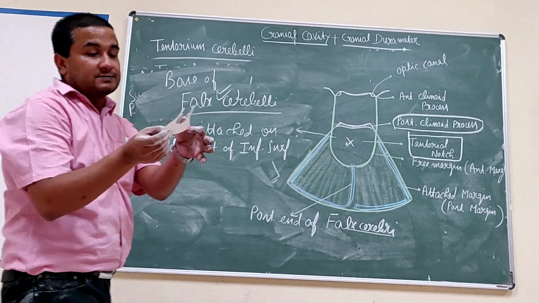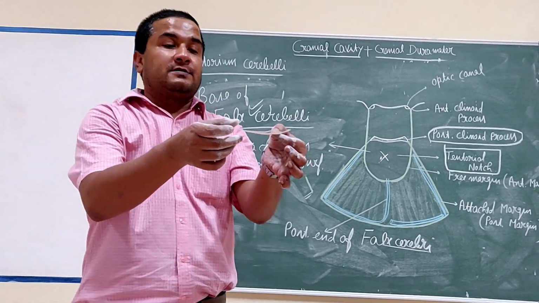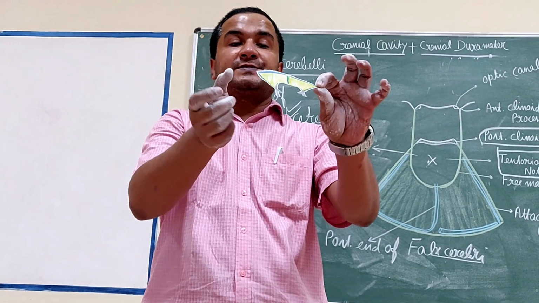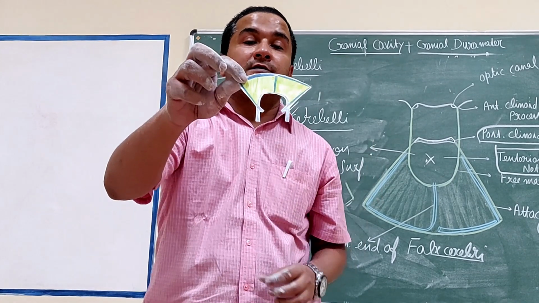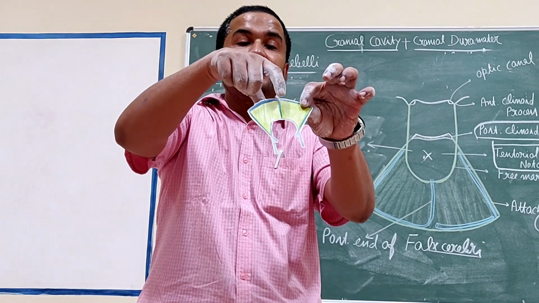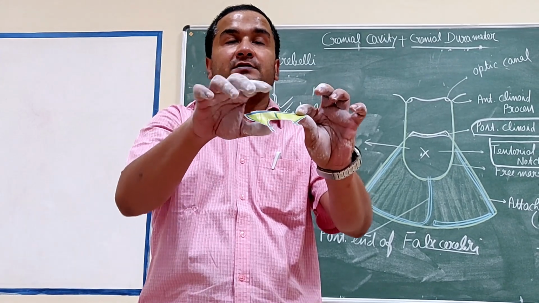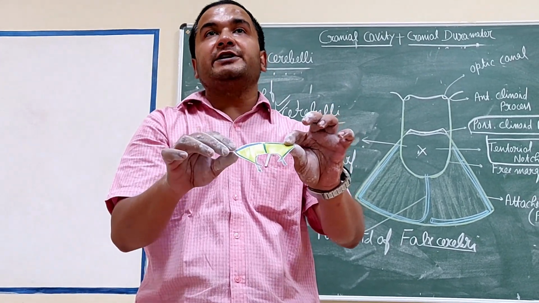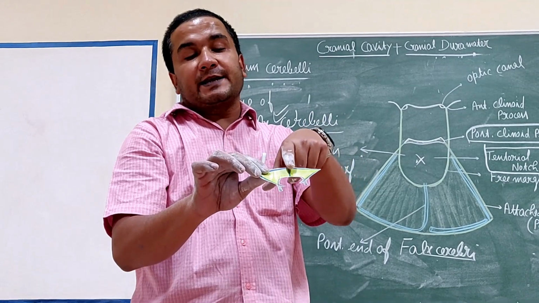If you see, this is the tentorium cerebelli. It is the superior surface. In the midline, it is the attachment of the posterior end of the falx cerebri.